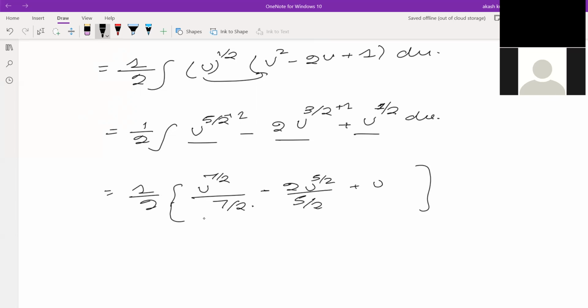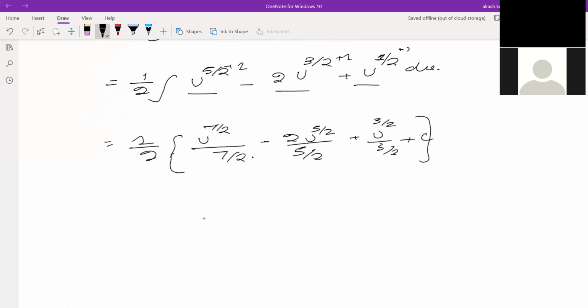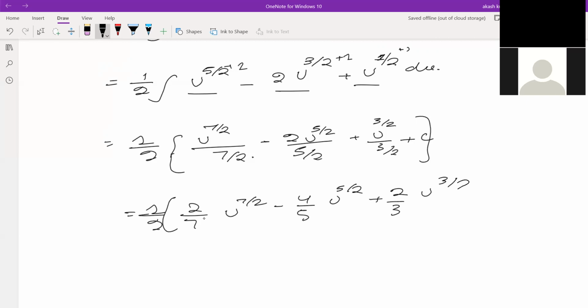For the last term, if I add 1 to the power, it becomes 3 by 2, divided by 3 by 2, plus c. So it becomes half, and taking 7 by 2 in reverse order, it becomes 2 by 7 u to the 7 by 2, minus 2 times 2 is 4, so 4 by 5 u to the 5 by 2, plus 2 by 3 u to the 3 by 2, plus c.